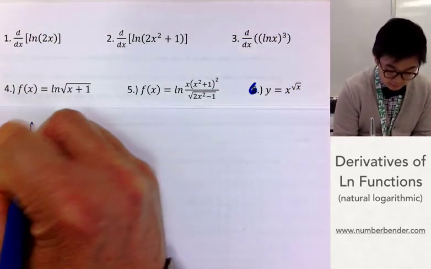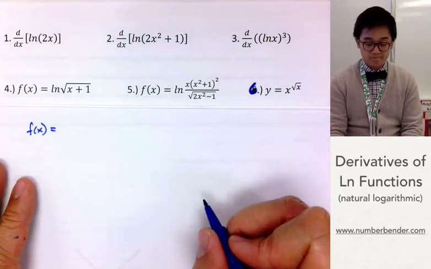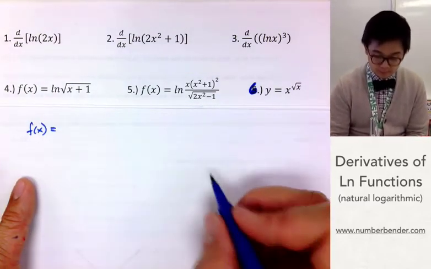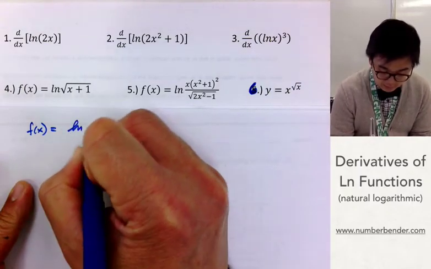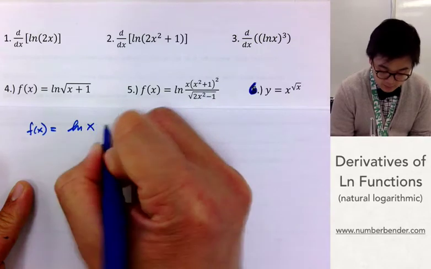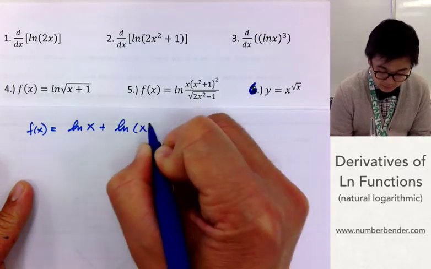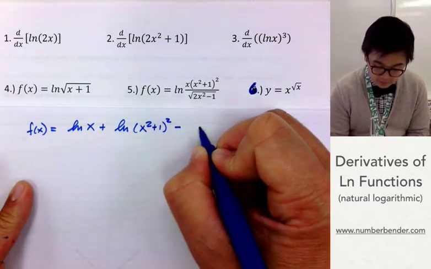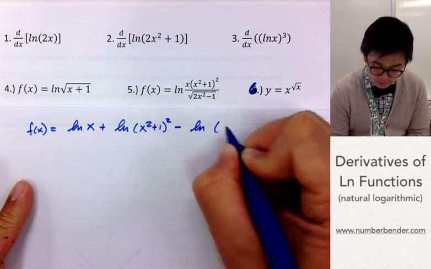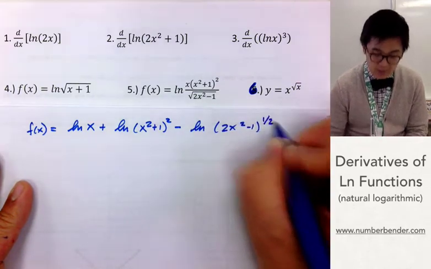So f of x, using the properties of logarithm, can be modified into ln x plus ln of x squared plus 1 squared minus ln of 2x squared minus 1 raised to 1/2.